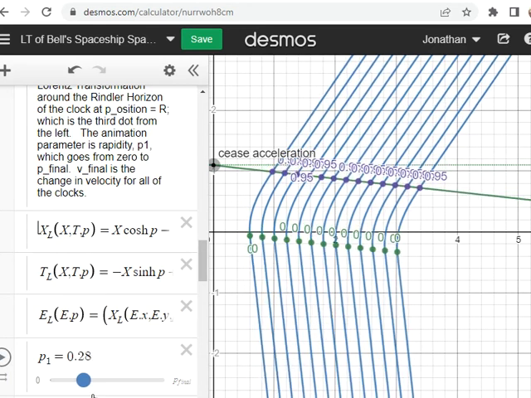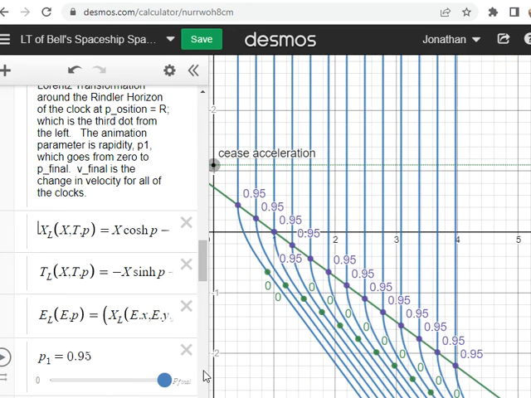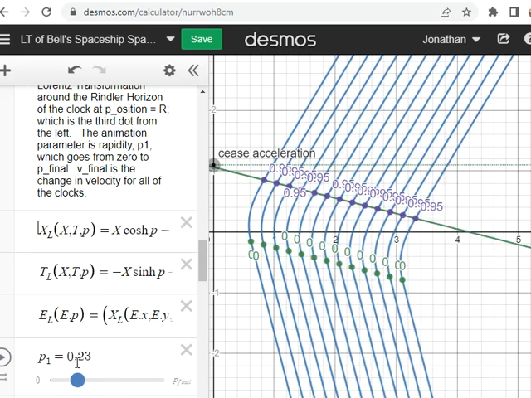And that is Bell's spaceship paradox in a nutshell.